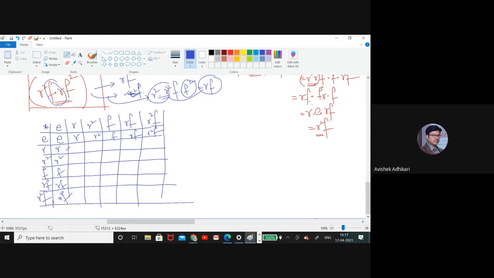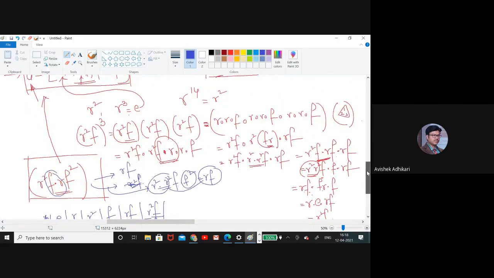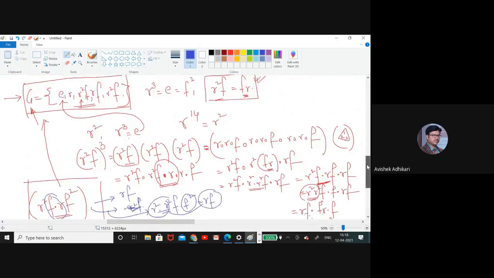At the end of the day, after simplifying with these formulae, you will end up with similar-looking elements, all these 6 elements. So your table will be filled up with all the 6 elements, nothing else, and that ensures that the operation is closed.